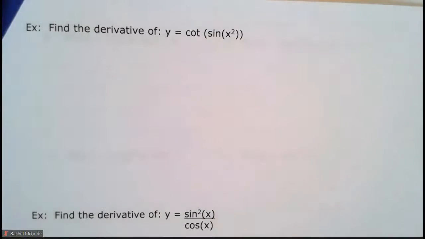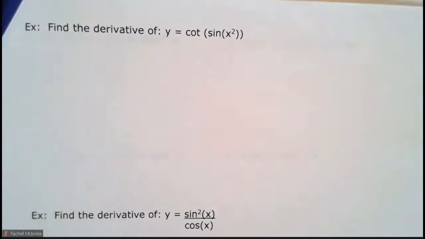Okay, so in this example, what you'll notice is now the cotangent is the outside function. Its angle is the sine of x squared. So we have to be really, really careful when we look at these types of problems because we have a tendency to ignore that and we try to do it as cotangent times the sine, but it's not.